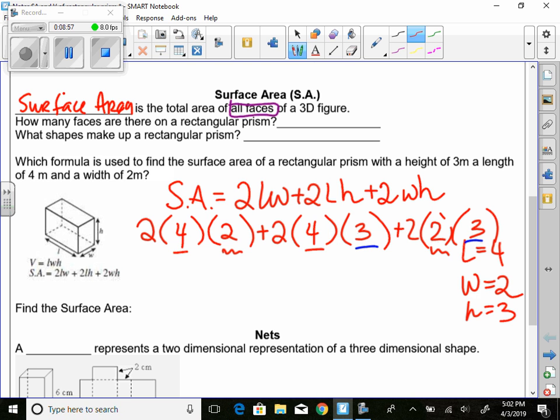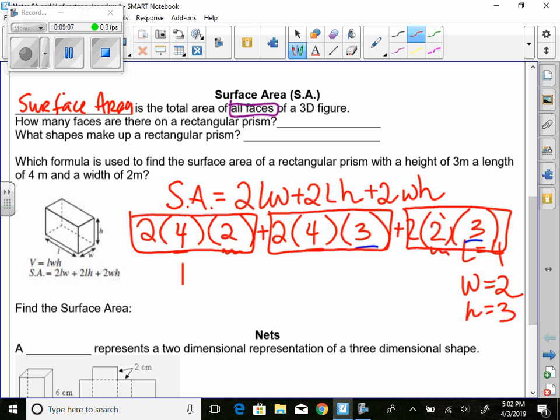So I'm going to do the multiplication parts first. 2 times 4 is 8. 8 times 2 is 16. 2 times 4 is 8. 8 times 3 is 24. 2 times 2 is 4. 4 times 3 is 12.